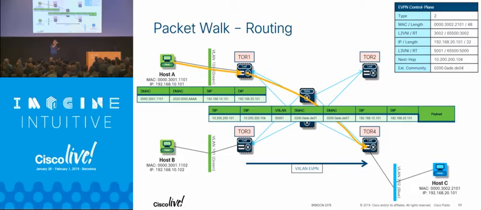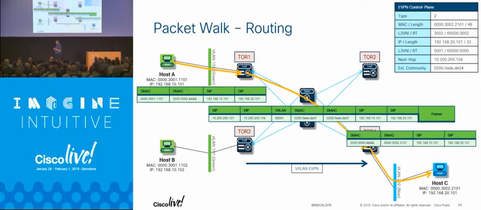So I take this information, populate properly all the header information in the data plane encapsulation here, VXLAN, and send it across to whatever the right destination IP is. In that case, it's TOR4. TOR4 takes this information, looks at its local tables, and sends it in the right VLAN space towards host C as an IP packet. Question.